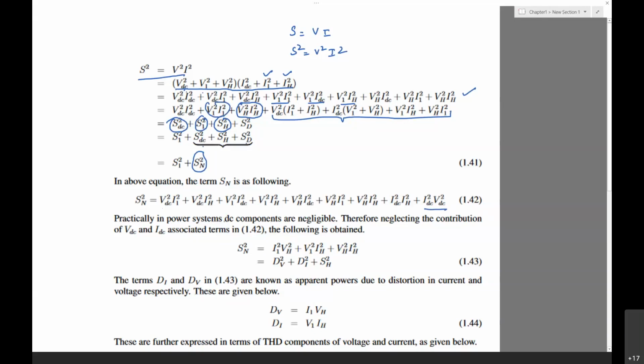Now in this particular expression, in 1.42, we removed the DC components. Generally, as the DC components are negligible in a system, we do not remove them, but for our understanding, we have written them in this expression of S square of DC also.